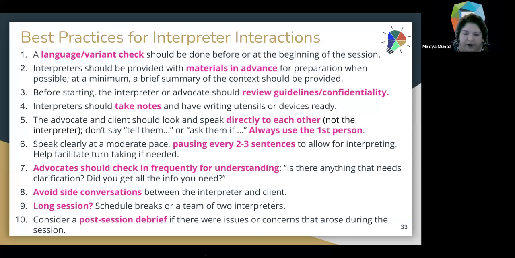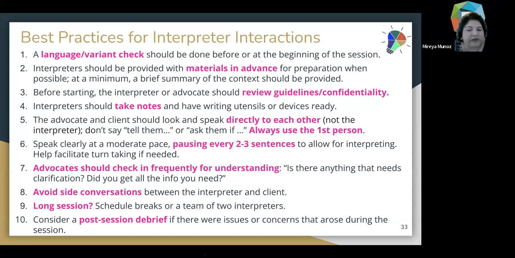Knowing how challenging it is for that interpreter to relay the information, make sure that I'm taking pauses, speaking in one or two sentences. This will allow the interpreter to convey the message accurately and completely, and help facilitate better communication between myself and that client or that patient.